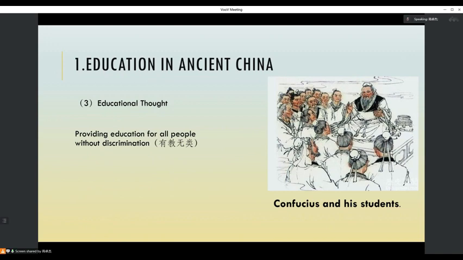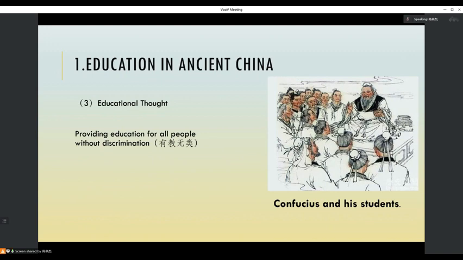The first, this thought is provided by Confucius and others.